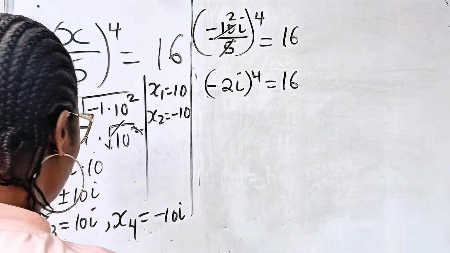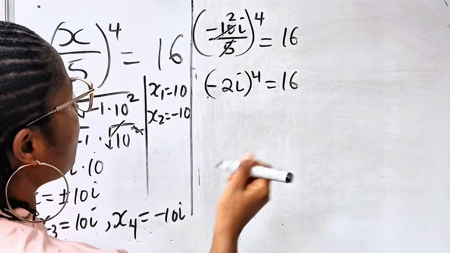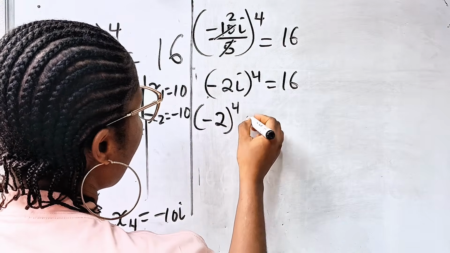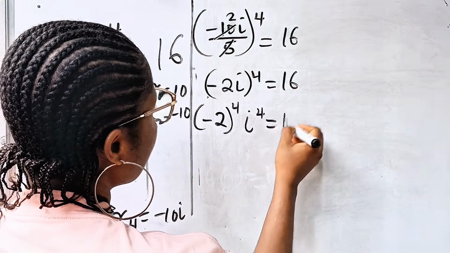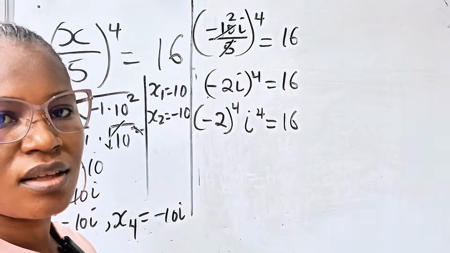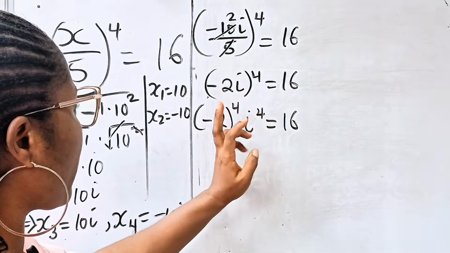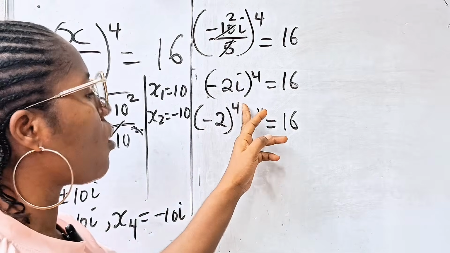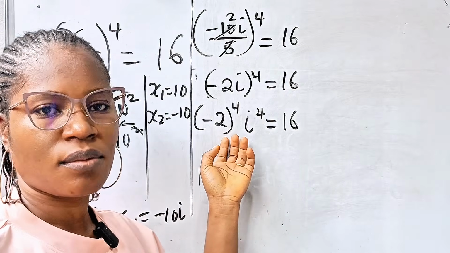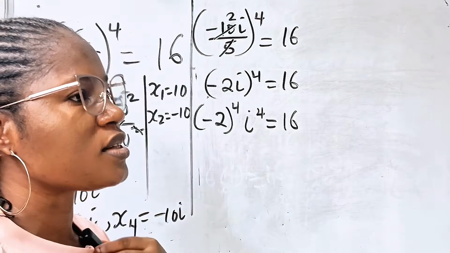So here we have minus 2 to the power of 4 and i to the power of 4 is 16. So it's still going to give us the same thing that we got in the other one, because negative 2 to the power of a positive even number is still going to give you the same thing. So if you walk through here, you still get exactly what we got using the same method.